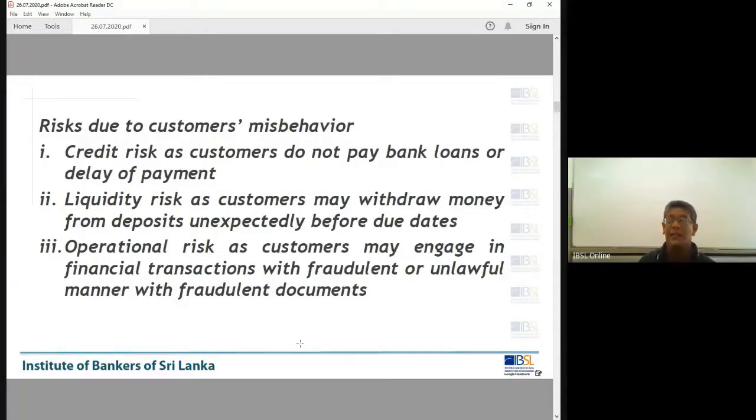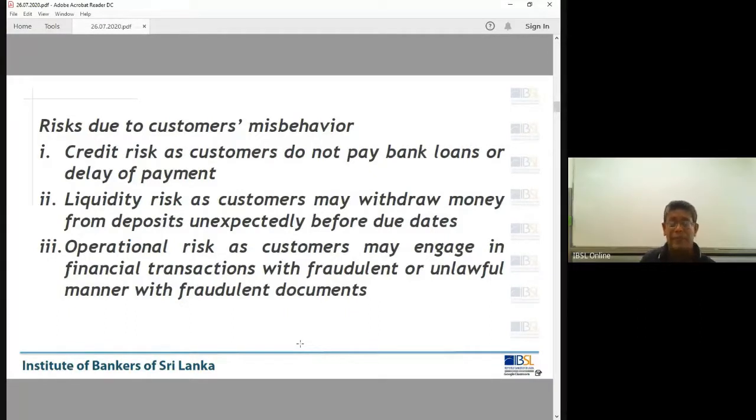Customers have taken loans, maybe using their credit cards, or borrowed money from the bank. Some customers are not paying their dues at the correct times, or maybe paying late, right? So that is the risk faced by the bank because of customers' misbehavior.